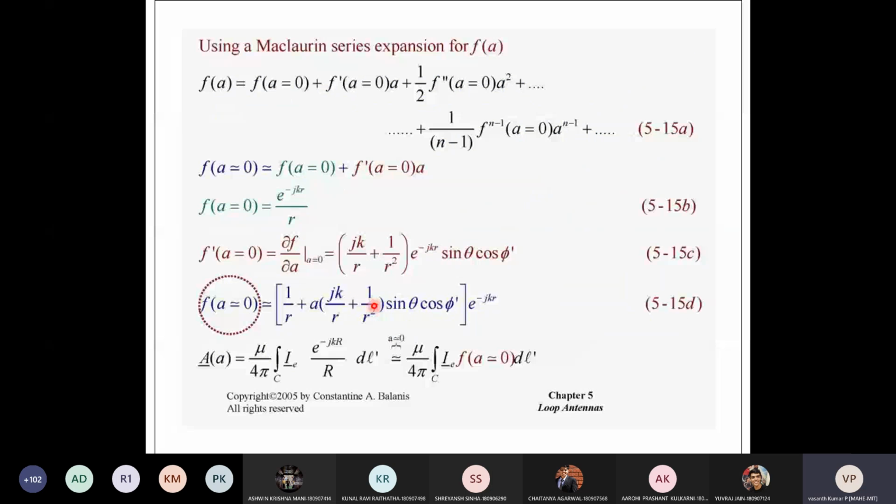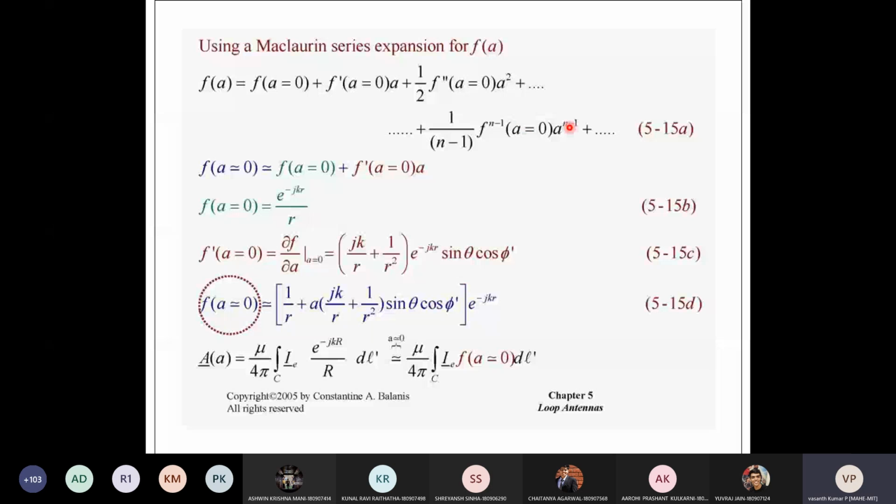This f of a can be expanded using Maclaurin series. A is almost close to 0 because it's a small loop. We are taking the limit as a tending to 0, and we get f of a as this expression.